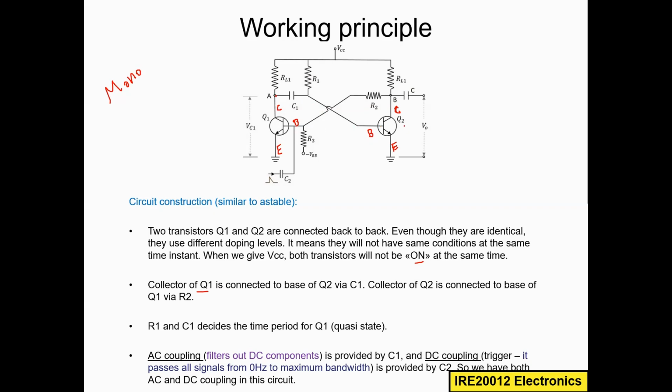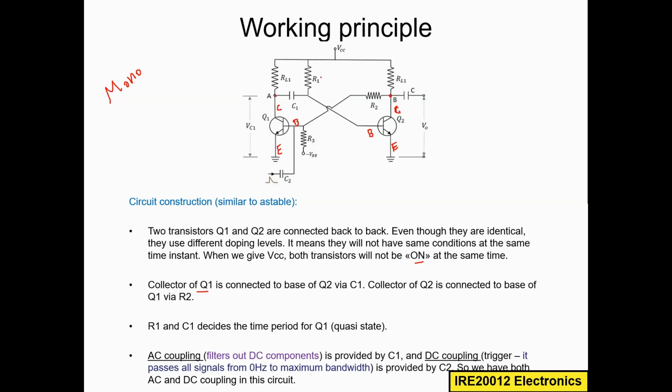Similarly, the collector of Q2 is connected to the base of Q1, and of course via R2. So here we are connecting this collector via R2 to the base, and here the collector via this C1 to the base of this Q2.